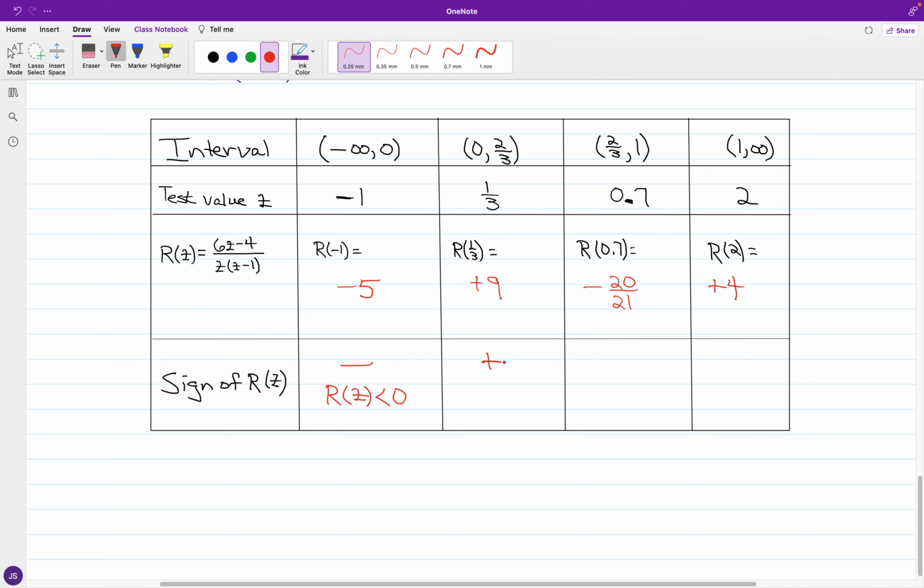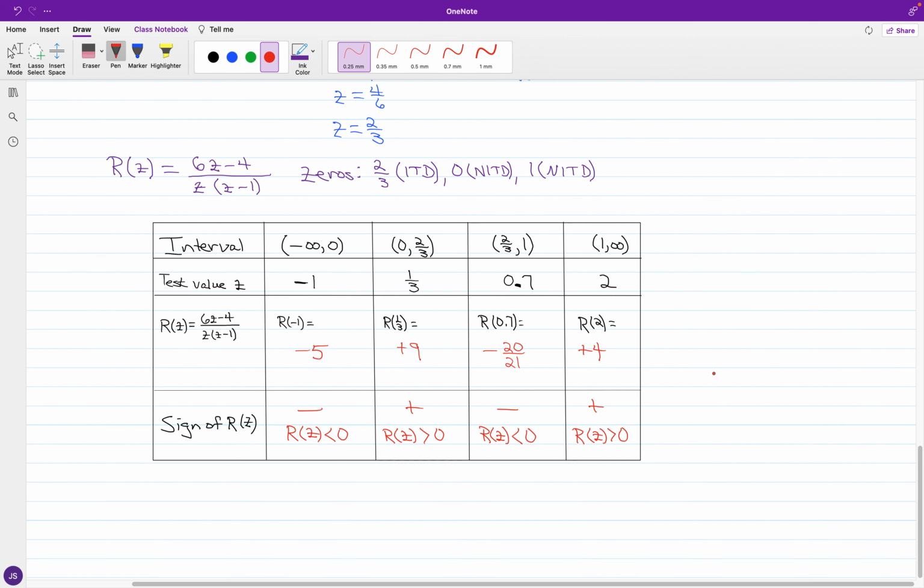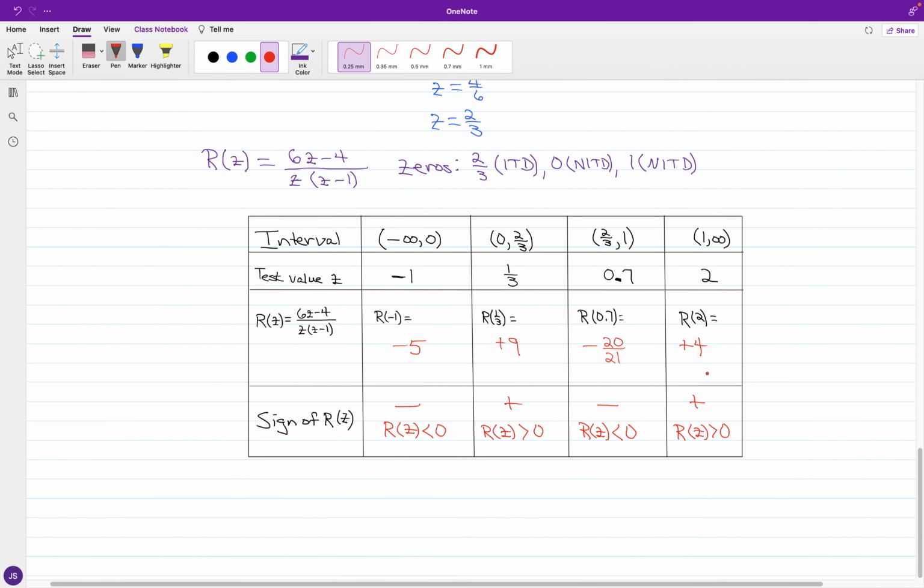Next, we have a positive, whereupon r of z is greater than 0. Next, another negative, whereupon r of z is less than 0. And the last, we have a positive, where r of z is greater than 0.